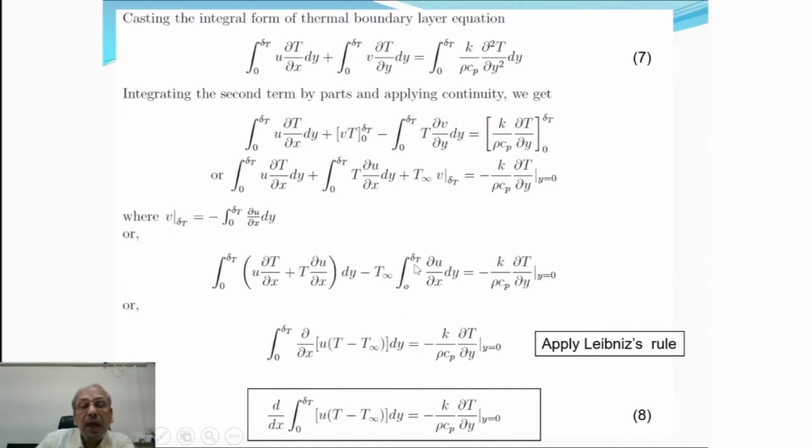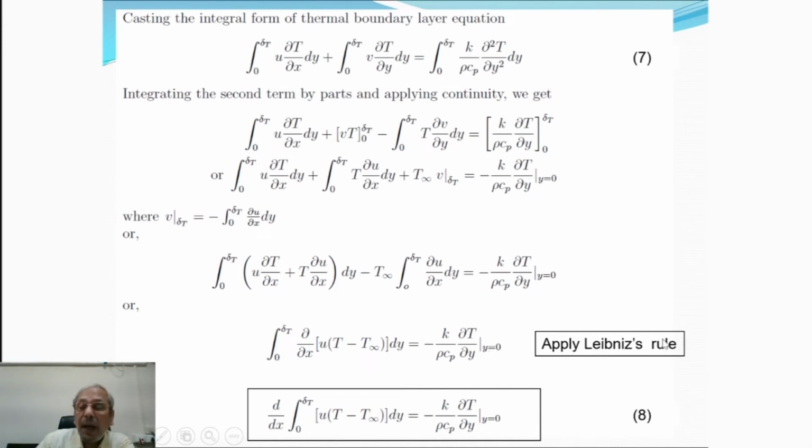So this integral we can now write as these three terms put together: del X of, within the square bracket, U into T minus T infinity, and this entire term integrated with respect to dy between 0 to delta T equal to minus K by rho Cp del T del Y at Y equal to 0.